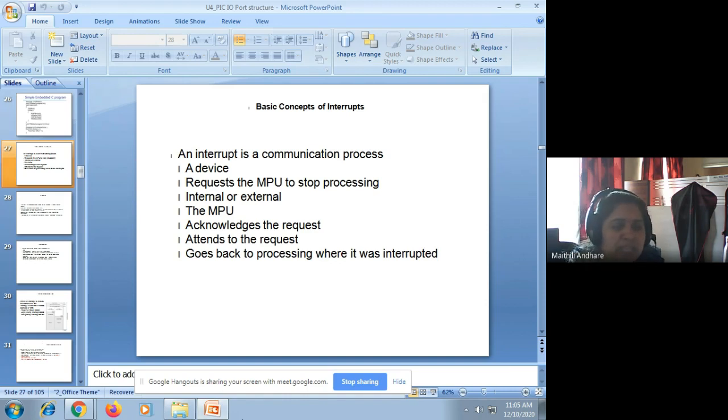Some of the timers cannot be used as a counter, but in the 8051 both timers can be used for delay generation as well as a counter. So this is the comparative study between the timers of the 8051 and PIC microcontroller. So go through the timer part and do the comparative study.